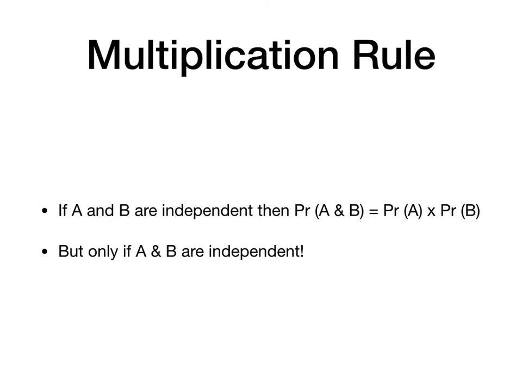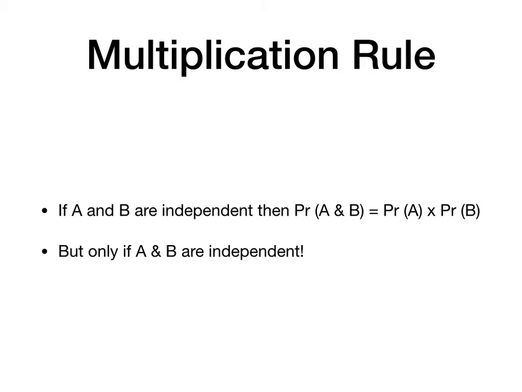The first thing to talk about is the multiplication rule. If A and B are independent, and remember this idea of independence we talked about a lot last lecture, independence means that A being true tells you nothing about whether B is true, and vice versa. If you know A is true, it doesn't make B any more or less likely.